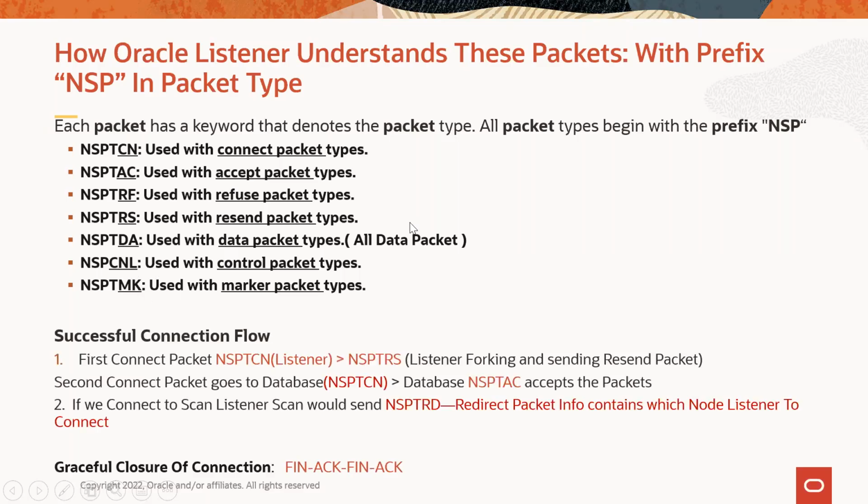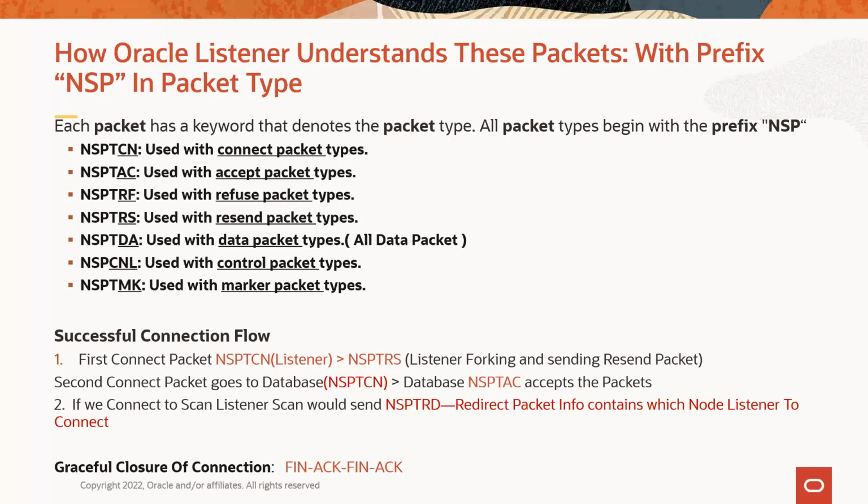Okay, now coming to a successful connection flow. A client with the connection string information wants to go and connect to a database server. The first packet the client sends with the connection string information is called the connect packet, which is NSPTCN.